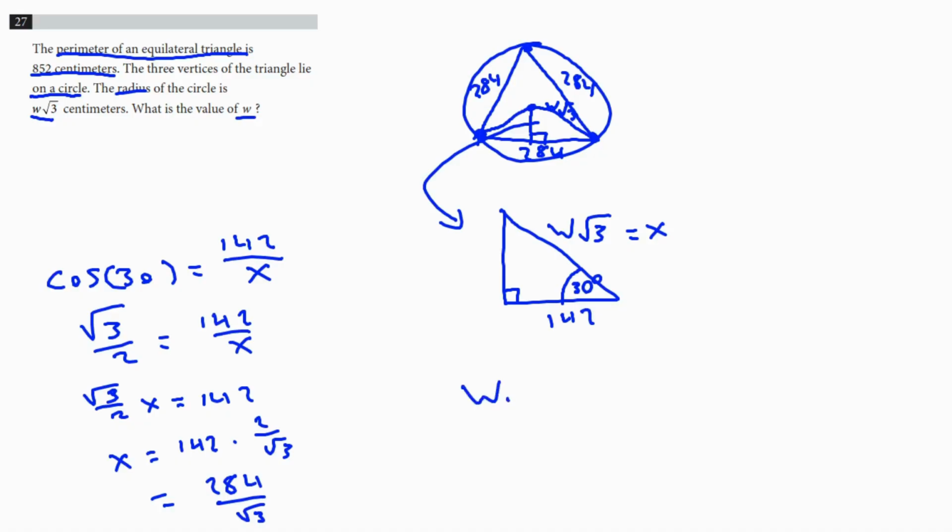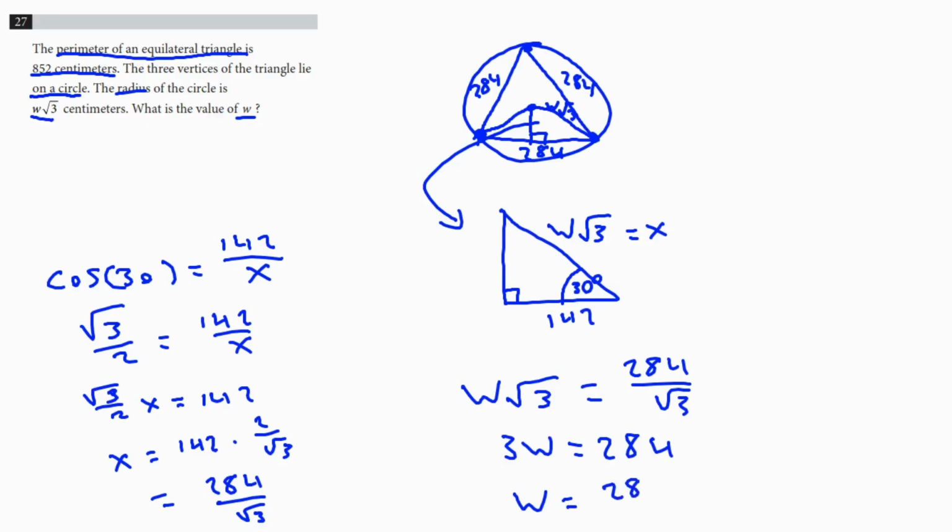So we just set w square root of 3 equal to 284 over root 3, and then we solve for w. So let's multiply that root 3 out to the other side. That'll give us 3w, because square root of 3 times square root of 3 is just 3, equals 284. And then we divide by 3 on both sides. So w is going to be equal to 284 over 3, and you can enter your answer just like that.